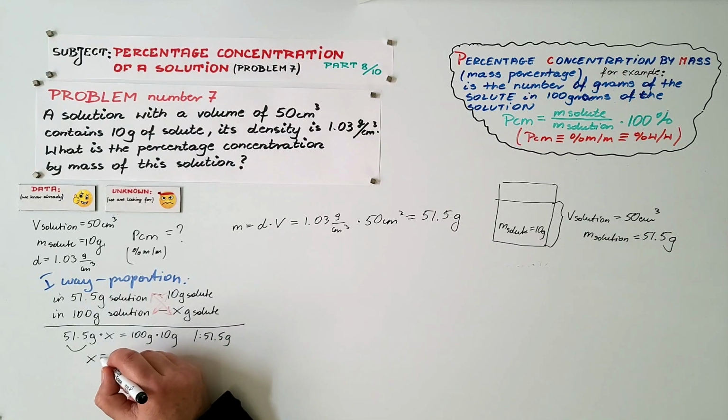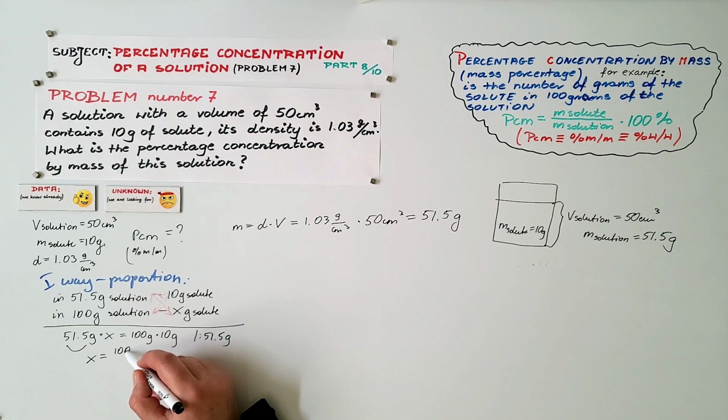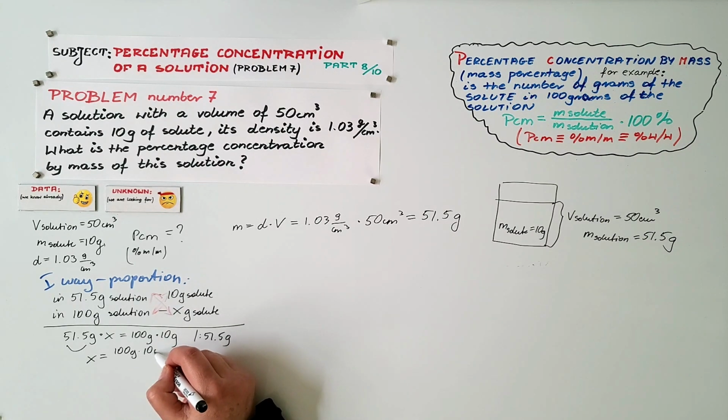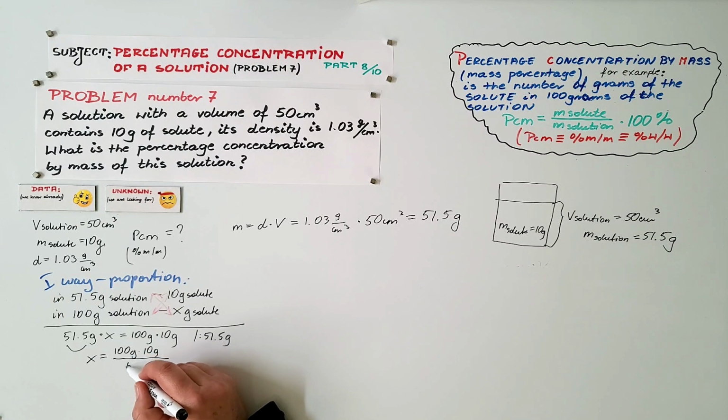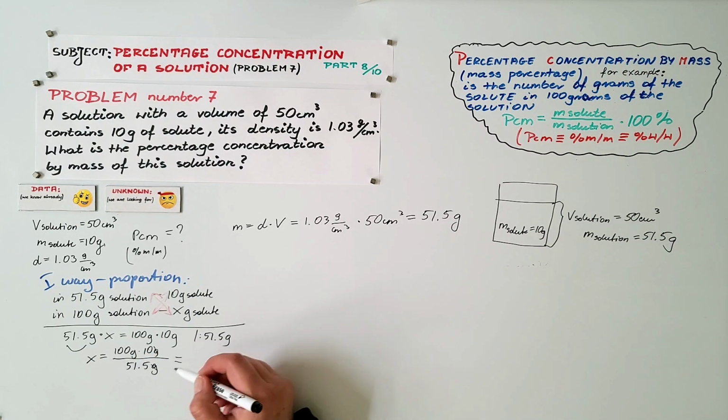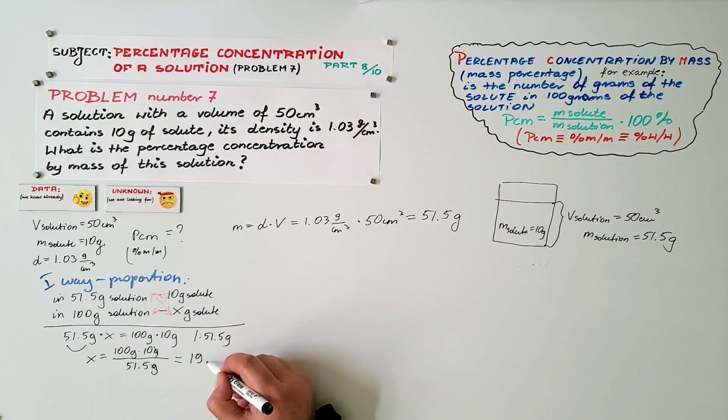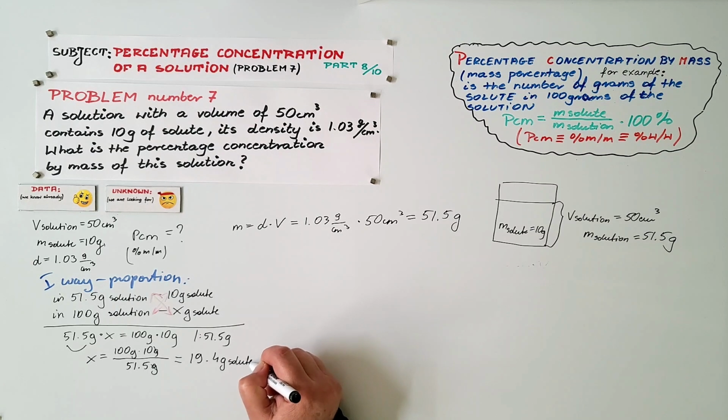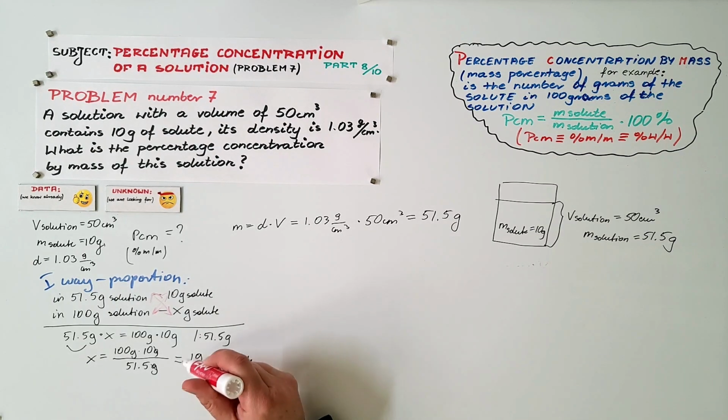So x equals 100 grams times 10 grams over 51.5 grams equals 19.4 grams of solute. And this is our answer for this problem.